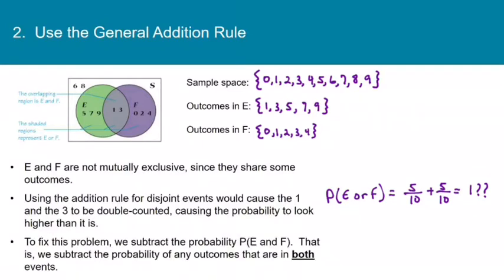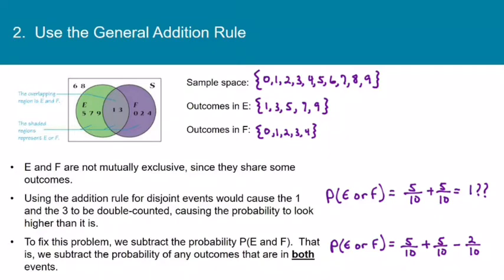What we could do to fix it is subtract the probability of 1 or 3 one time. So what we could do is say the probability of E or F would be the probability of E plus the probability of F, but minus the probability of 1 or 3, which would be 2 over 10.